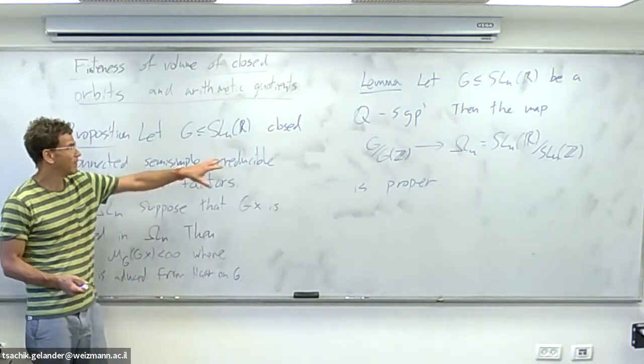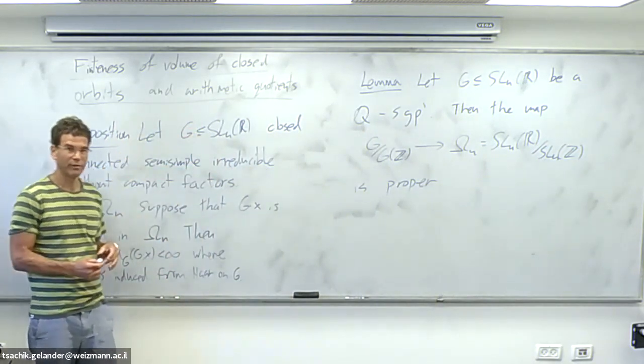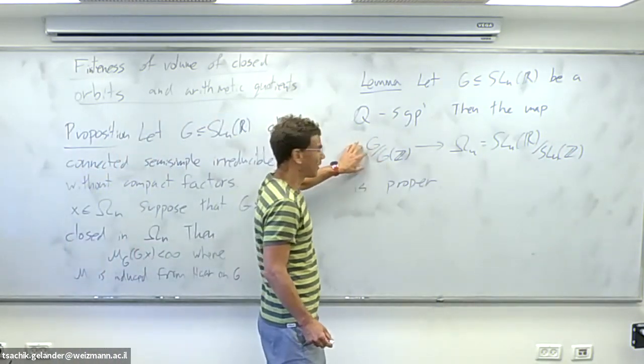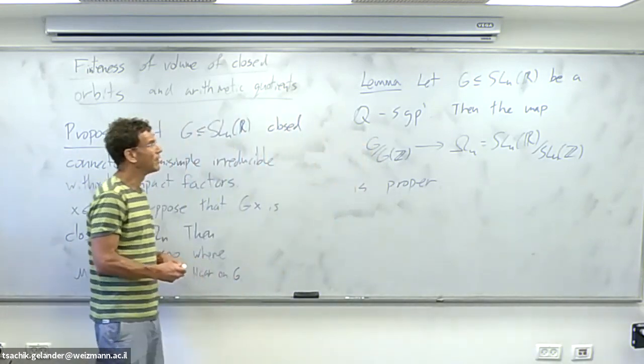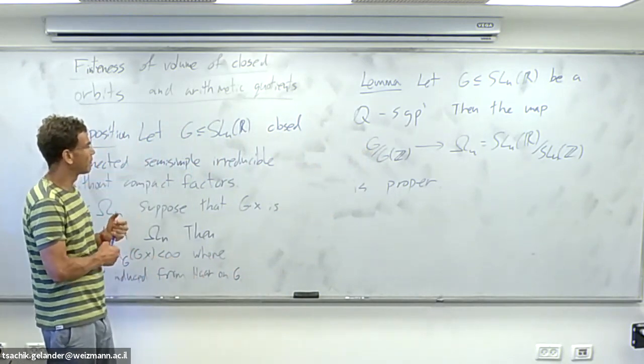Now, if you combine this lemma with the previous proposition, you get that G(Z) is a lattice in G, if G has no compact factor.